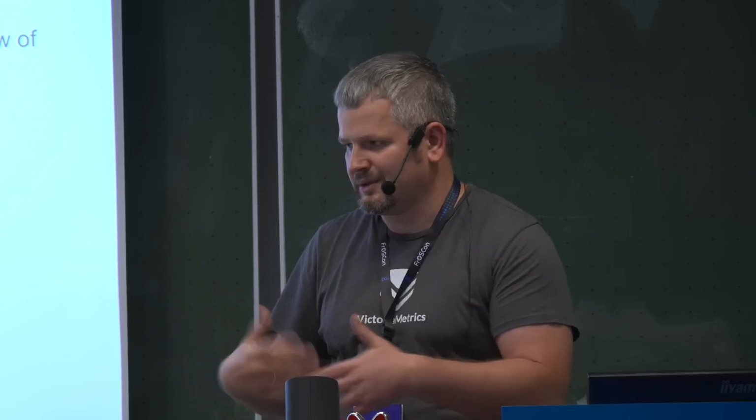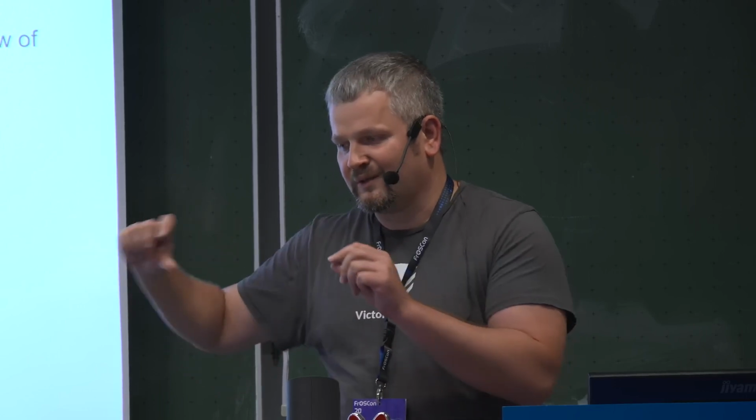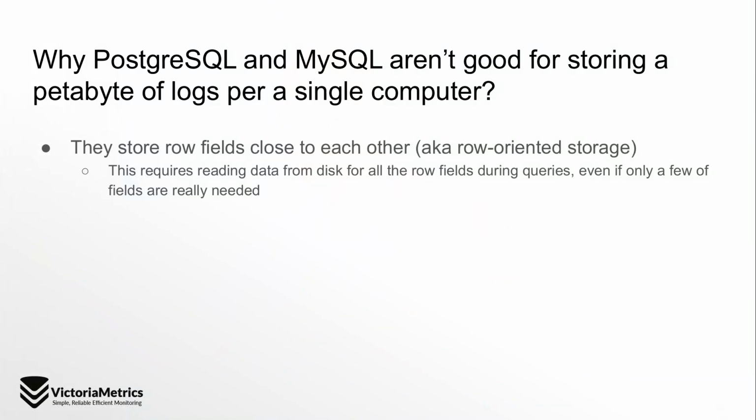Because this requires reading all the log fields when you need to perform some queries. Even if these fields are not needed in these queries, you still need to read this tuple of every field of every row from disk, and then skip unneeded fields and only use the fields you need.